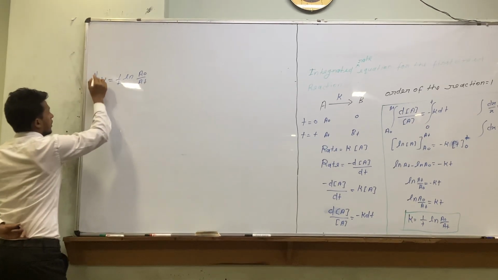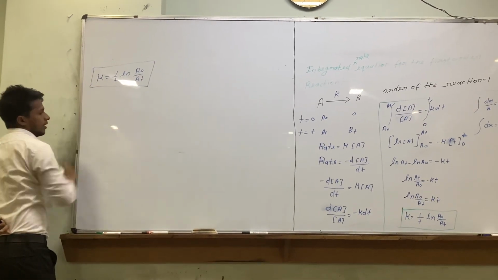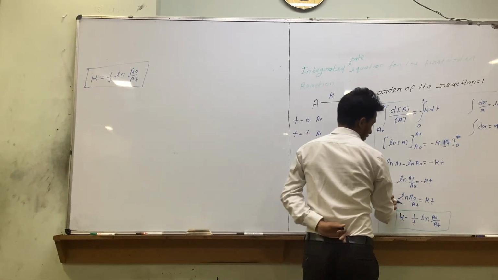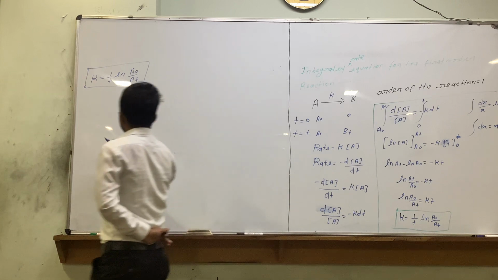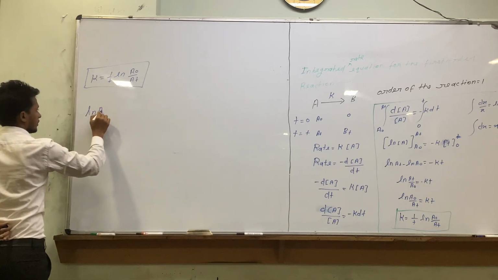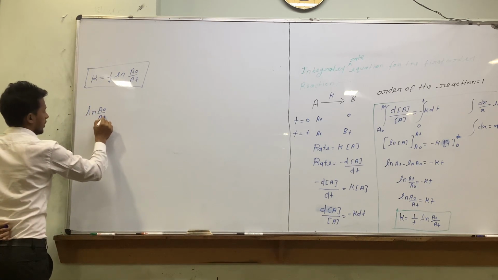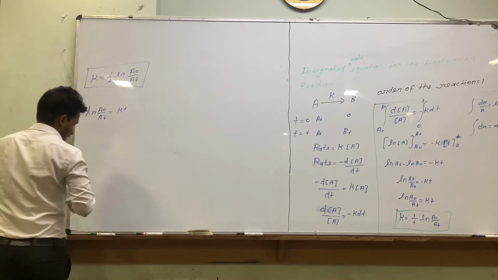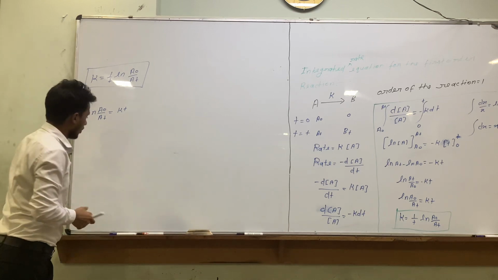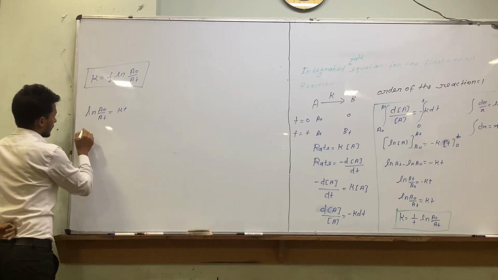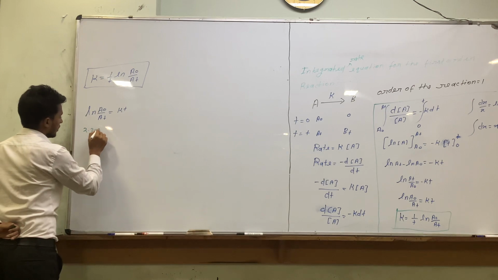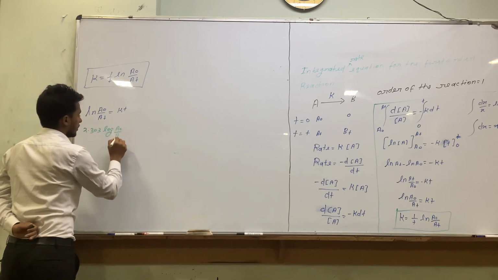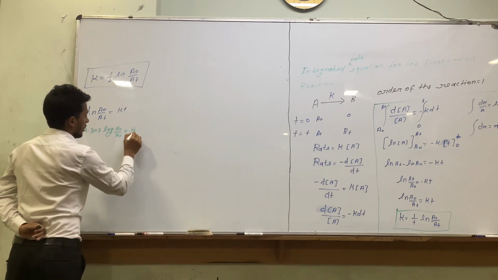If I consider this equation, ln A naught upon At is equal to kt, and convert it into log form, it will be 2.303 log A naught upon At is equal to kt.